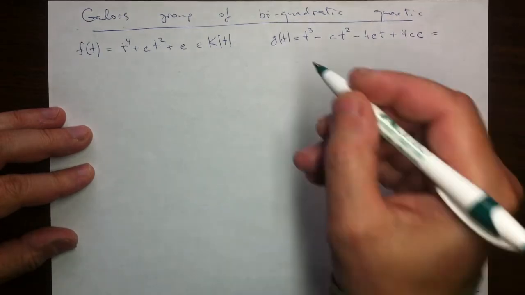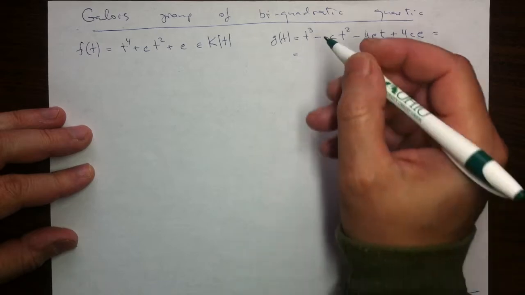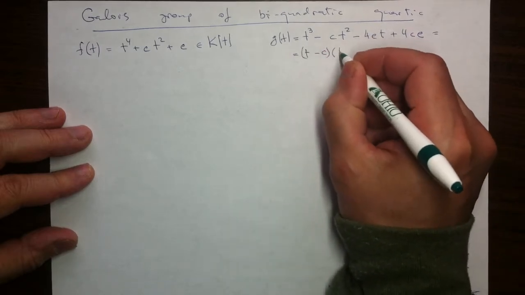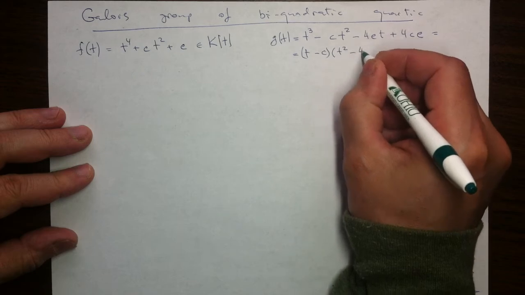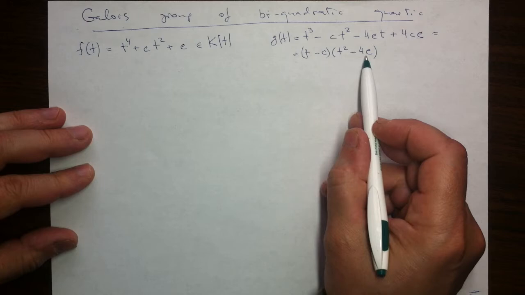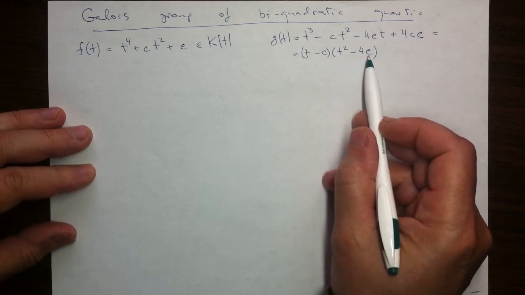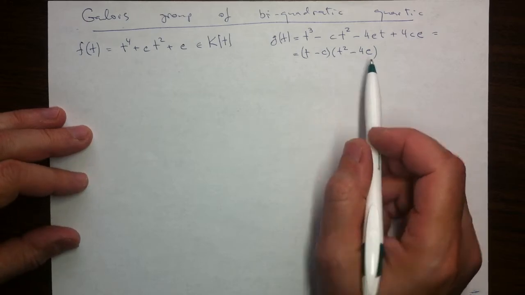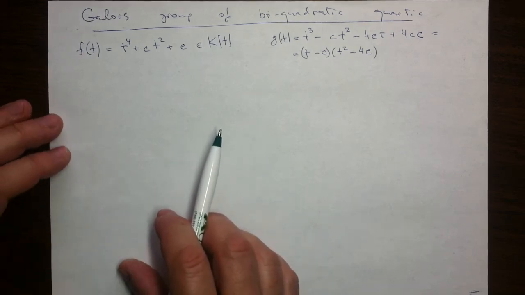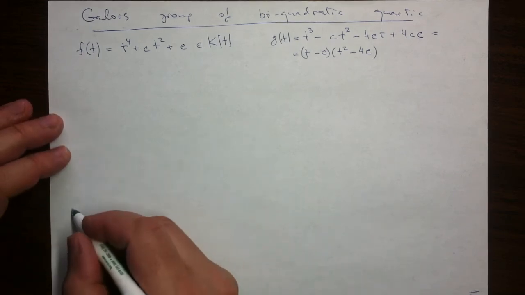And it is not hard to see that such factorizes always into the linear term t minus c and then the quadratic t squared minus 4e. So we could see when it factorizes further, that is only if e is a square in our field of coefficients. So we immediately have some partial answers.